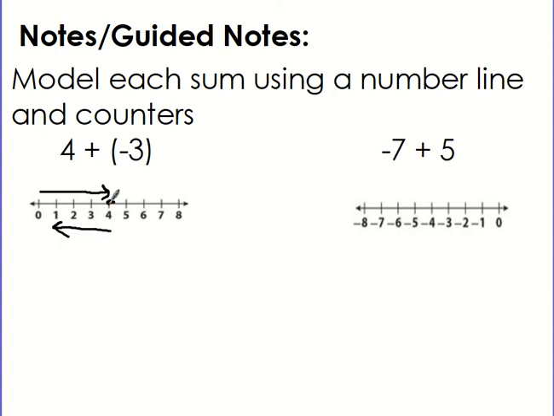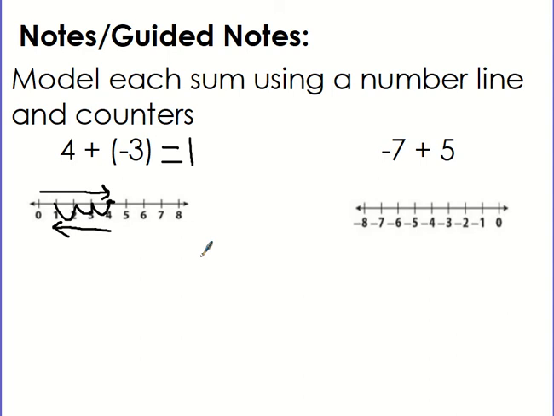So we go 1, 2, 3, and we end up at +1. Notice on the number line, we go opposite directions, but that's because they're opposite signs.